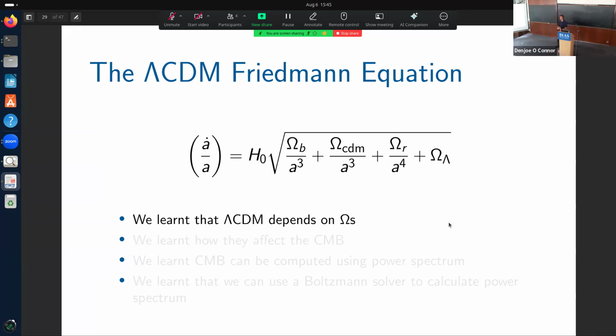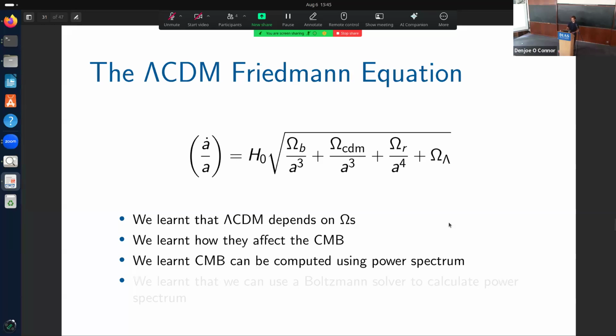And in this process of coming up with this equation, we've learned a lot of things. We've learned how to simulate the CMB, how temperature anisotropies at the time of last scattering affect the CMB, and that we can use the power spectrum. And most importantly, we've naturally come up with four constants that we can vary and that will have an intrinsic effect on the CMB.